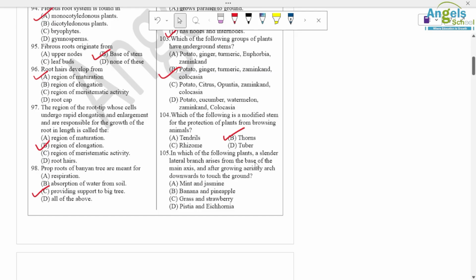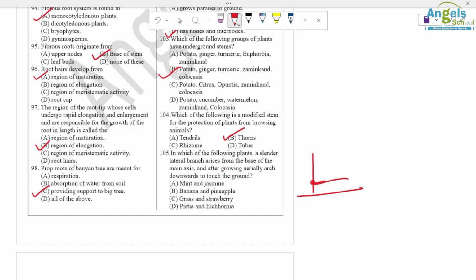In which of the following plants does a slender lateral branch arise from the base of main axis? Okay, so if it is a plant and it has a node near the ground level, so a lateral branch arises and after growing aerially.